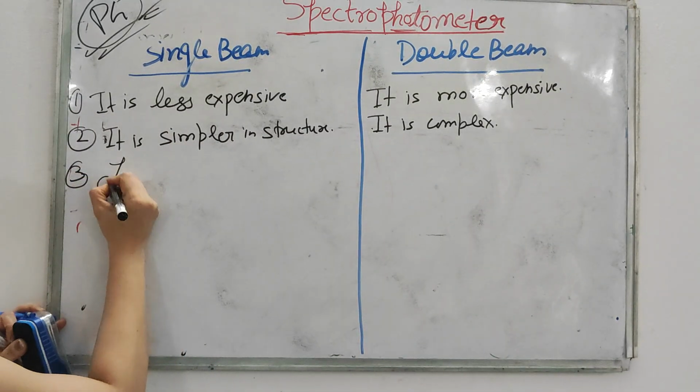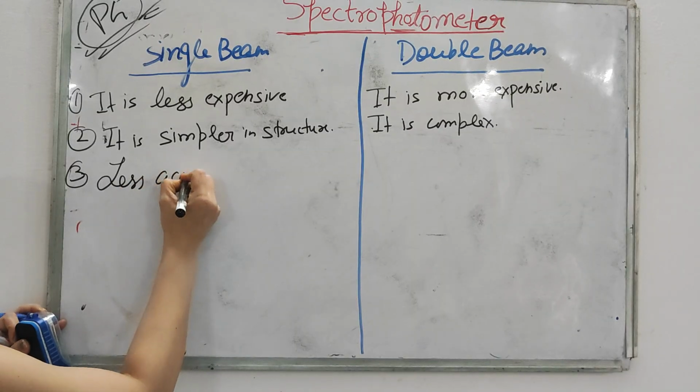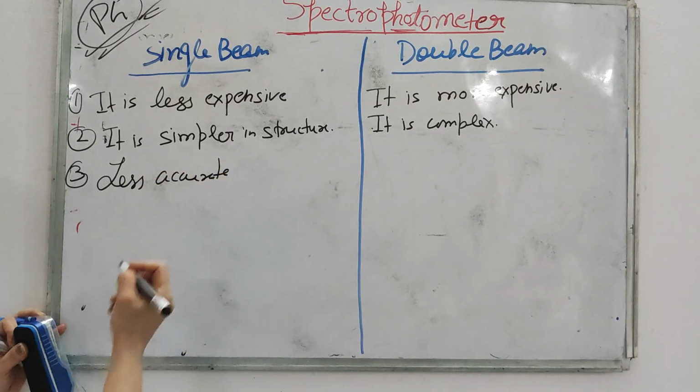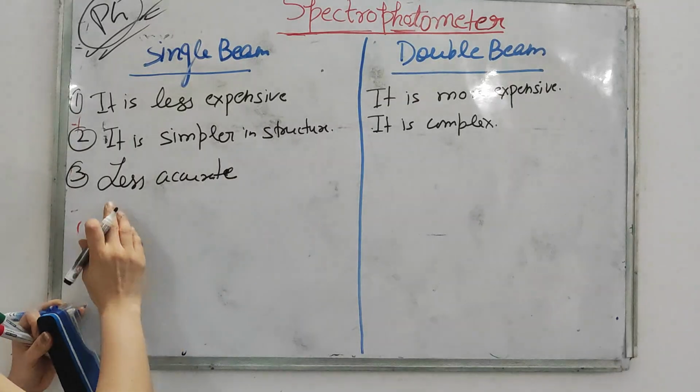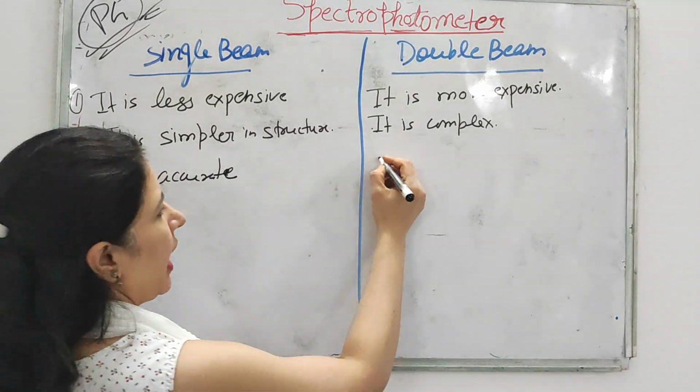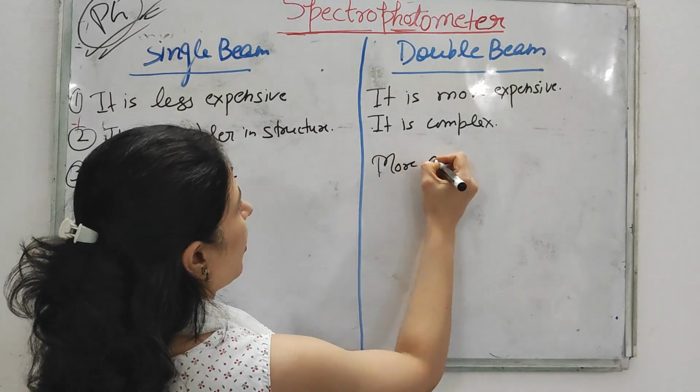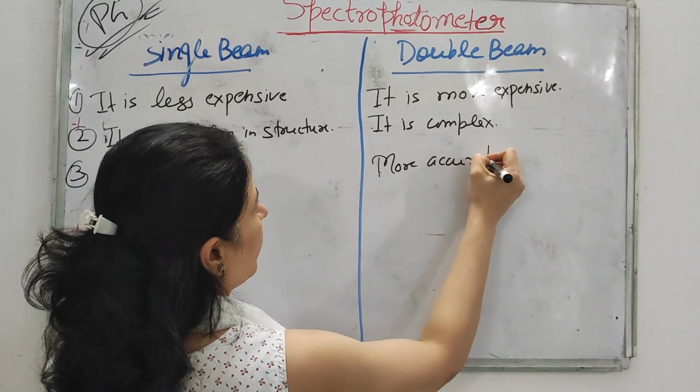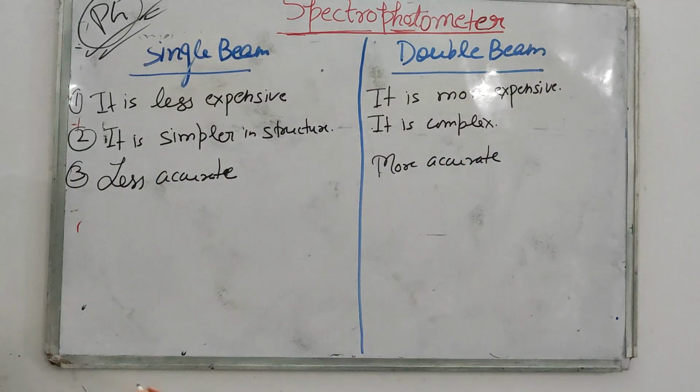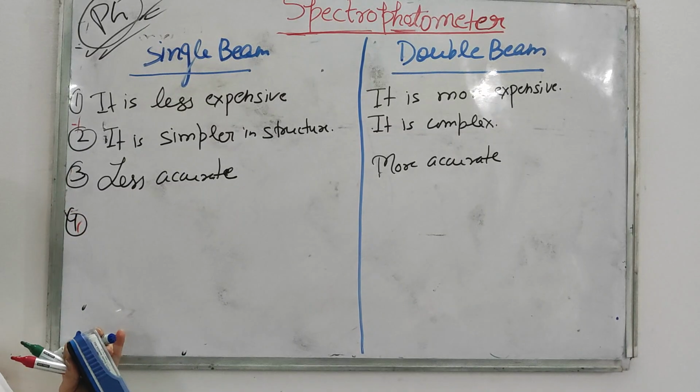Third, it is less accurate. If you are talking about accuracy, then single beam is less accurate and double beam is more accurate. So a question can be asked like why is single beam less accurate and why is double beam more accurate?